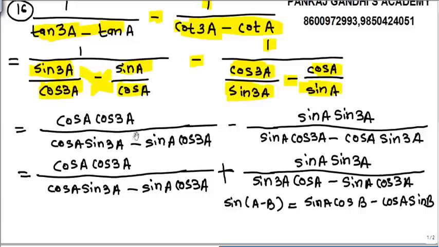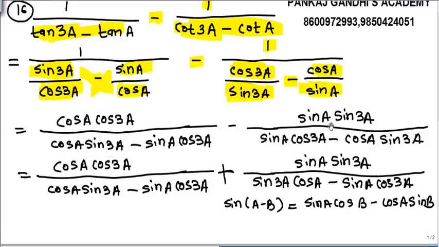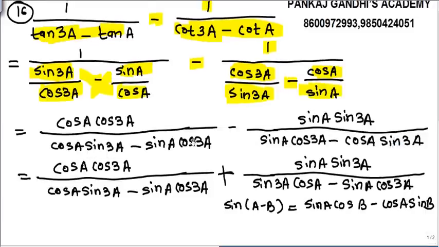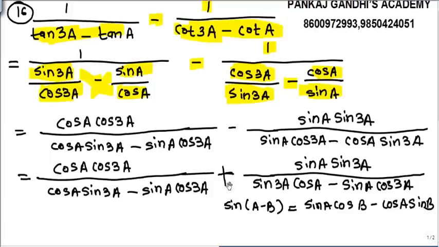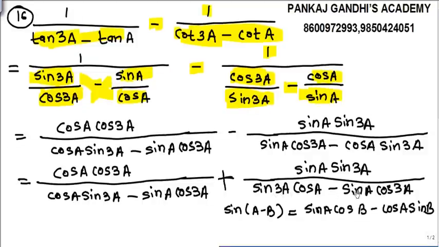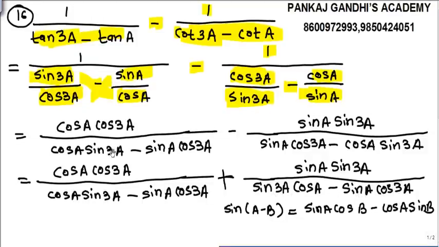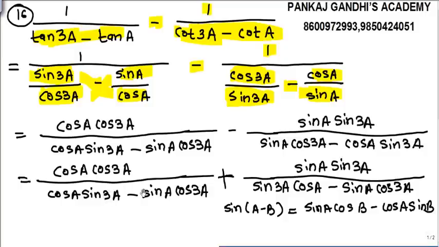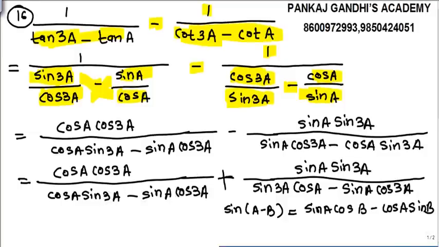So see, in the denominator this cos A sin 3A is there and this cos A sin 3A is there, minus sin A cos 3A plus sin A cos 3A. Now the denominator is the same, the values are the same, only the signs are different. So we can take this minus sign common. So this minus will become plus here, and this minus cos A sin 3A will become cos A sin 3A minus sin A cos 3A. And here the denominator is obviously cos A sin 3A minus sin A cos 3A.